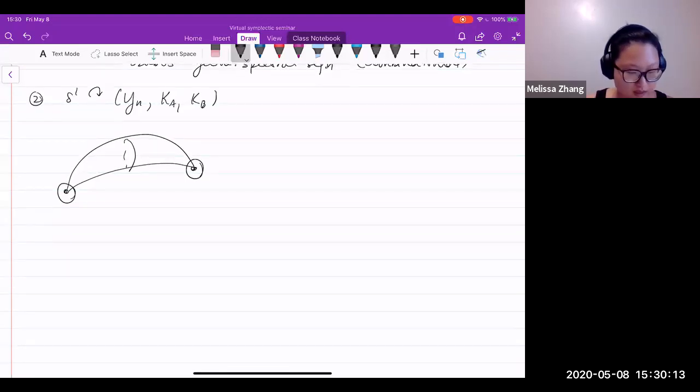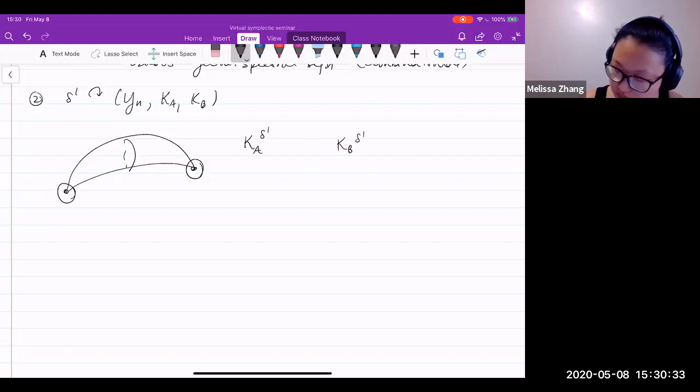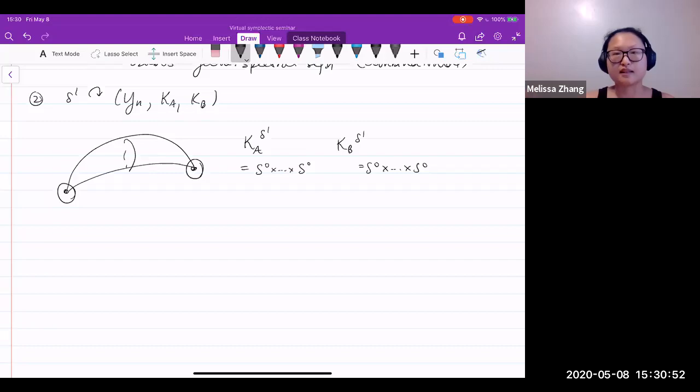So the fixed point set is going to be basically just these points p_i. And you can very quickly convince yourself that if you had two Lagrangians and their fixed points, these are both going to be copies of S^0. But these S^0s correspond to the ends of my arcs.